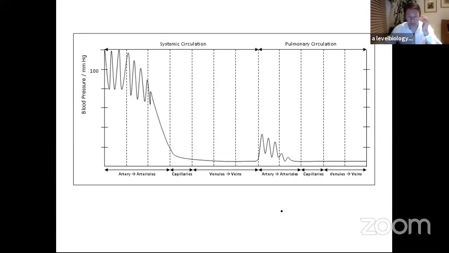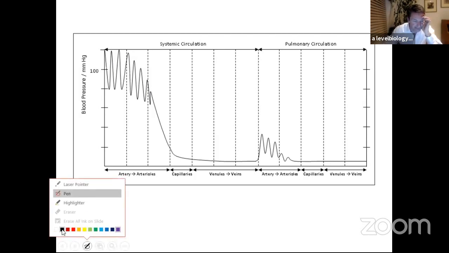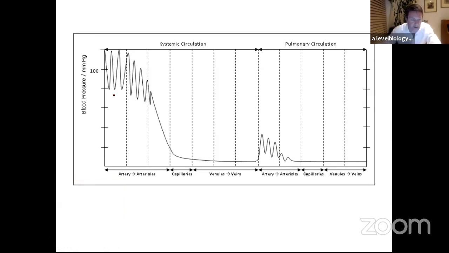Okay, now pressure changes in the systemic and circulatory system. So this is a graph which can cause a bit of angst amongst students. We have these fluctuations here in the pressure in the systemic circulatory system, and this is due to the contraction of the heart.